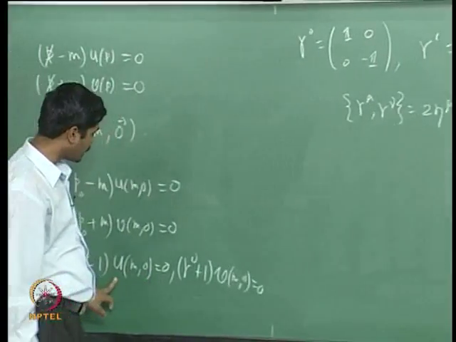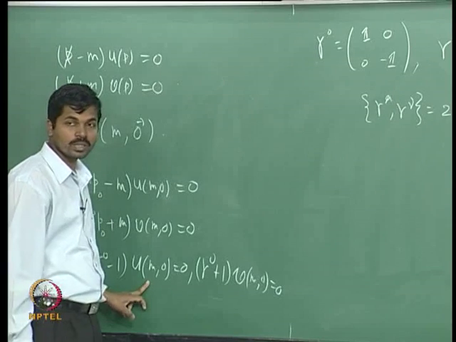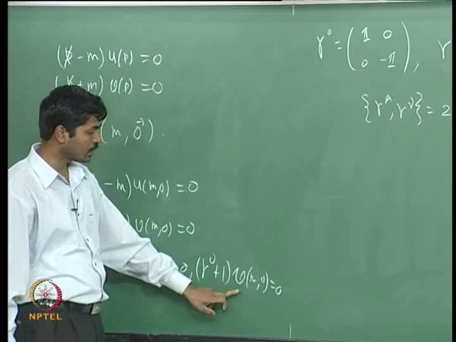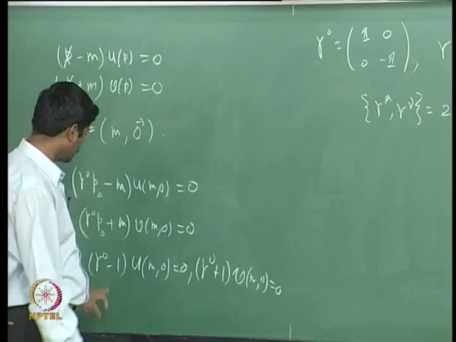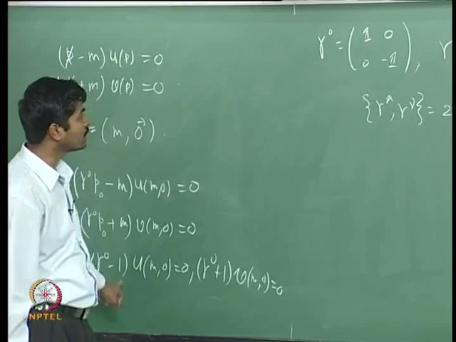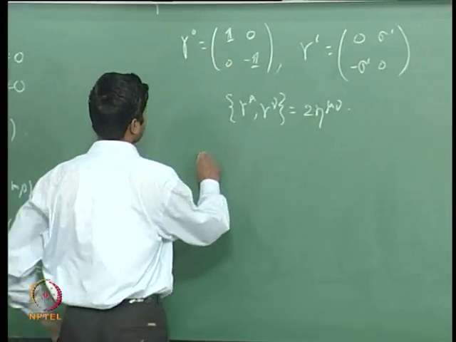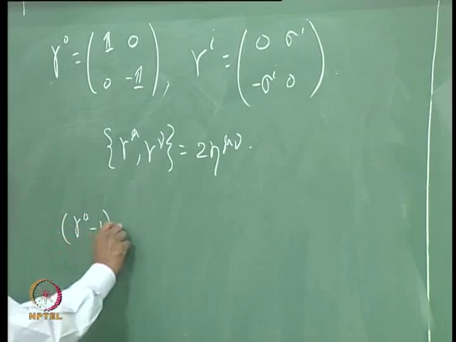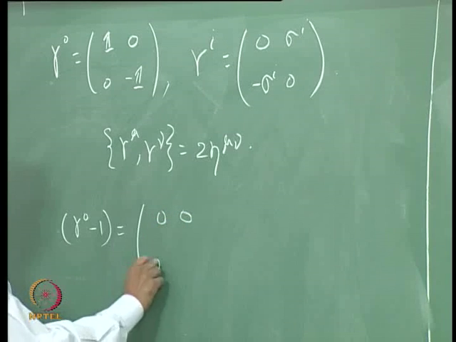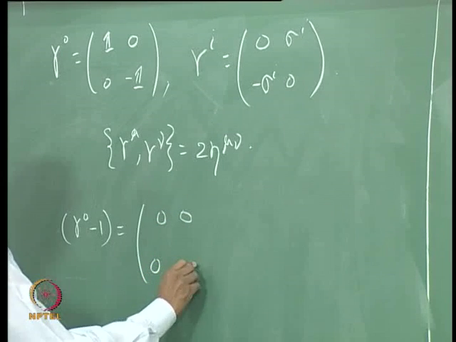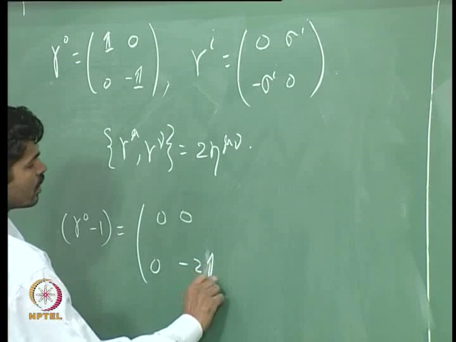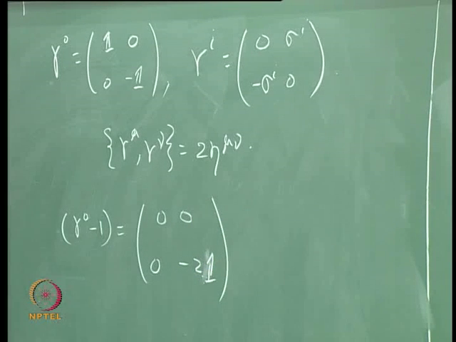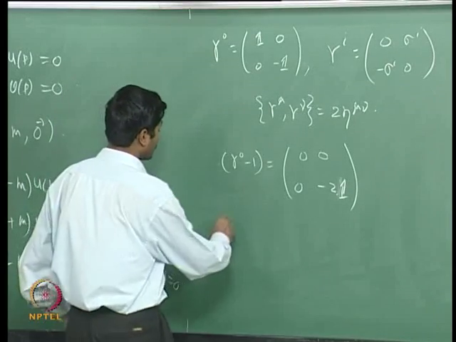We can see that there are two linearly independent solutions for this equation and two linearly independent solutions for this equation. Gamma 0 minus 1 will be (0, 0; 0, minus 2), that is, minus 2 times identity in the lower block.